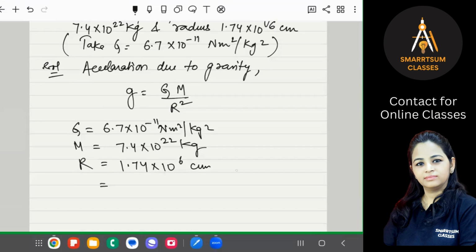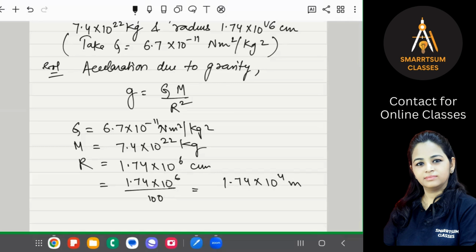If we divide this by 100, we can convert it into meter. So this will be equal to 1.74 into 10 to the power 4, meters. 6 ki jagah 4 raha. So we have converted the radius from centimeter to meter.